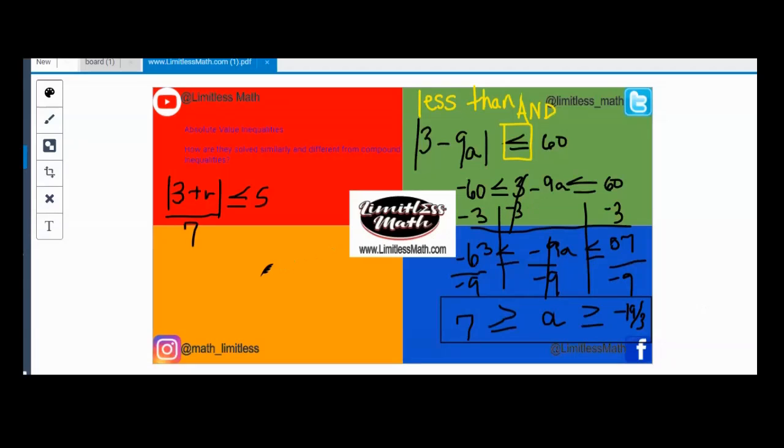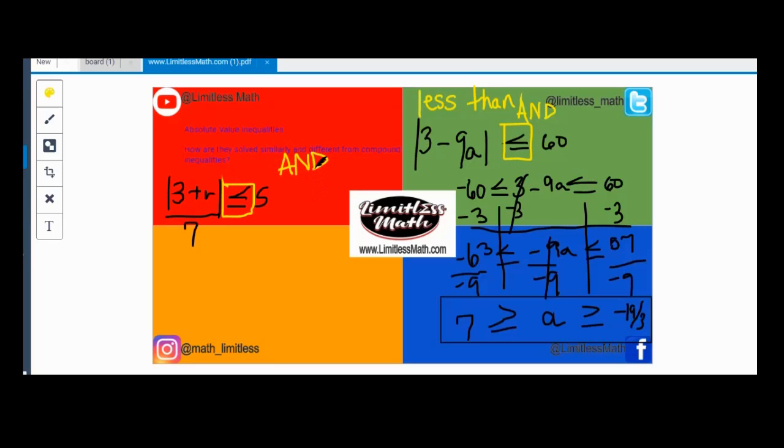Let's do another example. We have the absolute value of 3 plus r, divided by 7, is less than or equal to 5. Once again, we have a less than inequality, which means this will be an and compound.